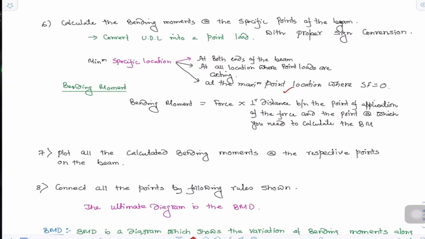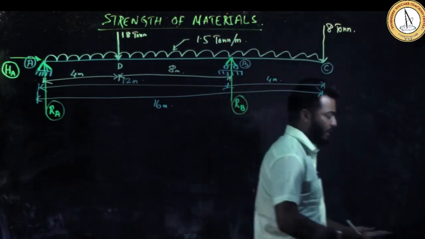Now to calculate the bending moment, you need to know what bending moment is. Bending moment is equal to force times the perpendicular distance between the point of application of the force and the point where you are interested to find the bending moment. Look at the board, I can show you.